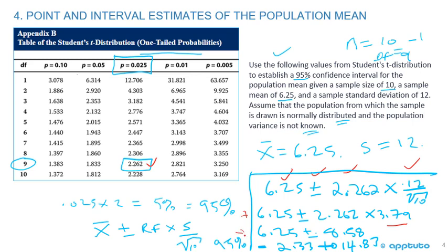So that's 6.25 plus or minus 8.58. And so that gives us a 95% confidence interval where the lower bound is negative 2.33 and the upper bound is 14.83.